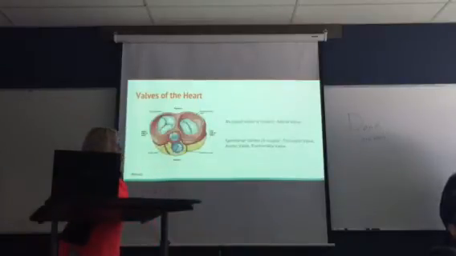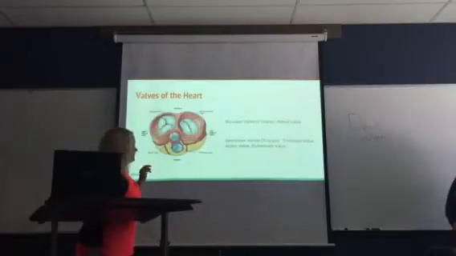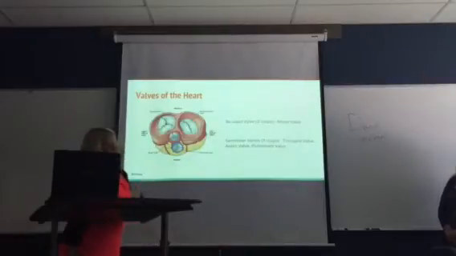The functions of these 4 valves, your mitral valve is in between your left atrium and your left ventricle. Your tricuspid valve is in between your right atrium and your right ventricle. And your aortic valve is in between your left ventricle and your aorta. And your pulmonary valve is in between your right ventricle and your left pulmonary vein.